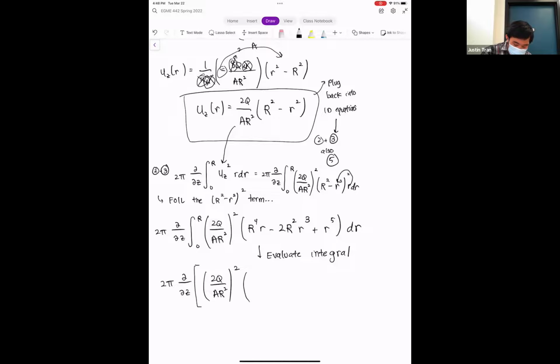We have r to the 6th divided by 2 minus r to the 6th divided by 2. That's the middle term. And the last term is r to the 6th divided by 6.